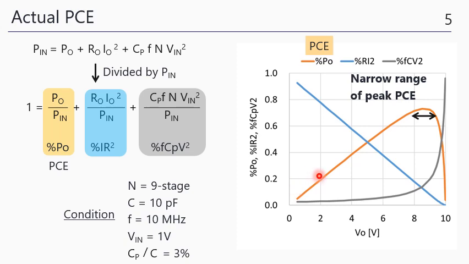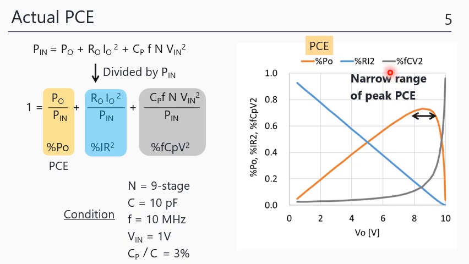Why is this PCE very low when the VO is very low? Because the IR square is major. And why does the PCE go to 0 at the VO max? Because the output current is reduced significantly, while this FCV square term has no VO dependence, like a constant in terms of VO.